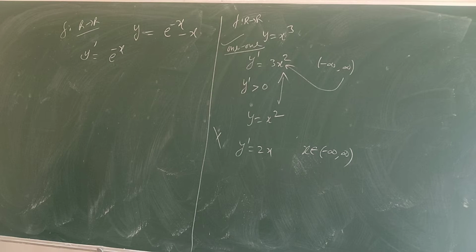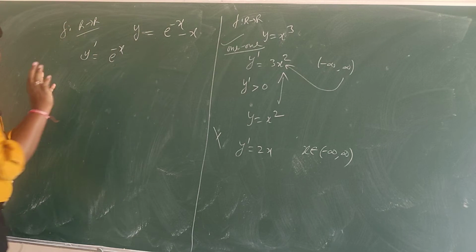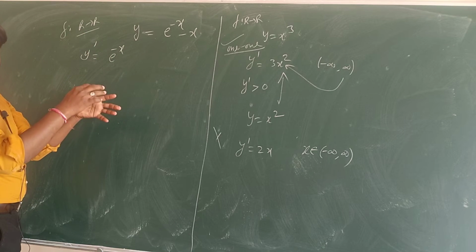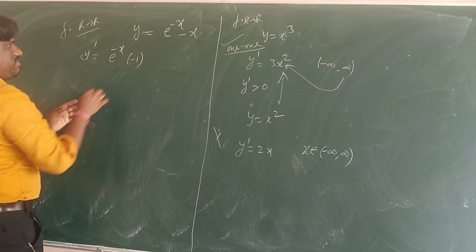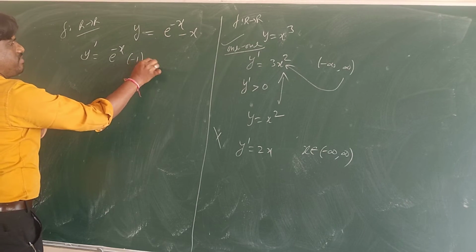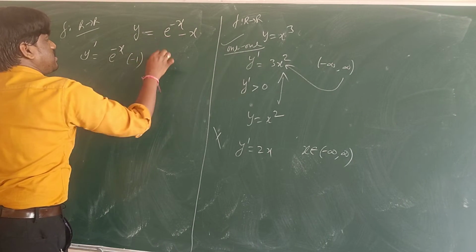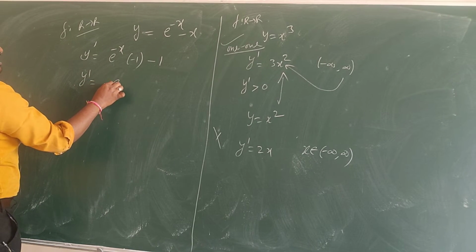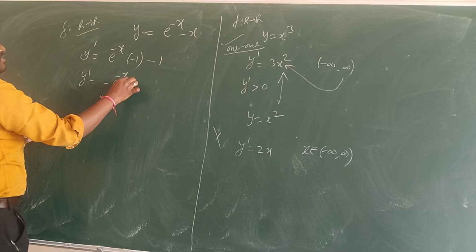Everyone knows? Sir, e power x differentiation is e power x. x differentiation is 1, so minus x differentiation will be what? Minus 1. So y dash, what you got here? Minus e to the power of minus x minus 1.